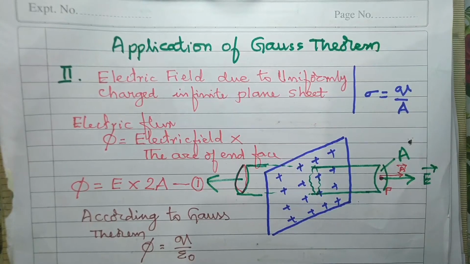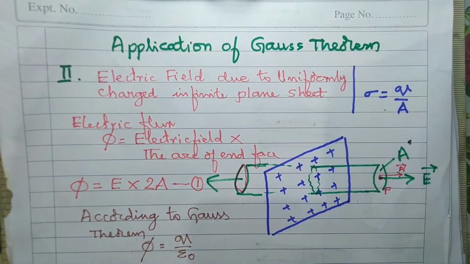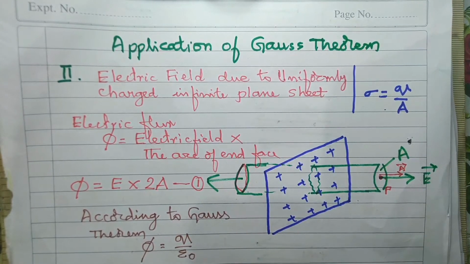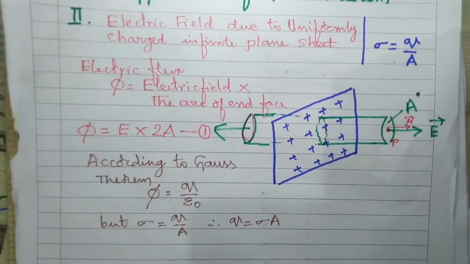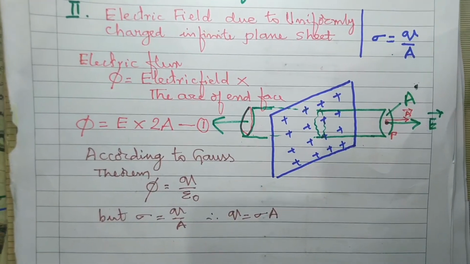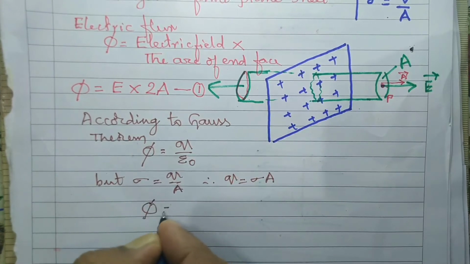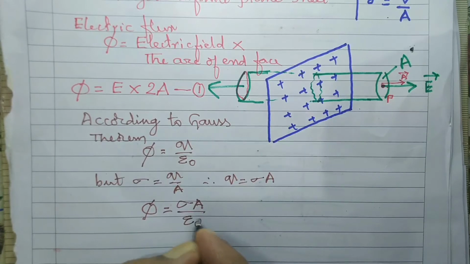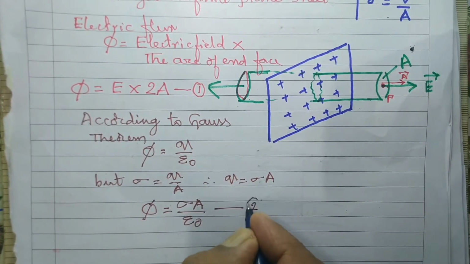But just now I explained above, sigma is equal to q by A, and therefore q is equal to sigma A. Now I substitute q equals sigma A here, that is phi is equal to sigma A by epsilon naught. This is equation number 2.